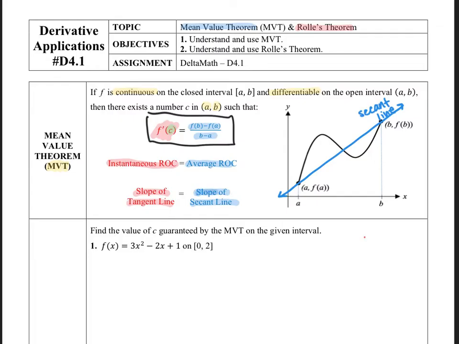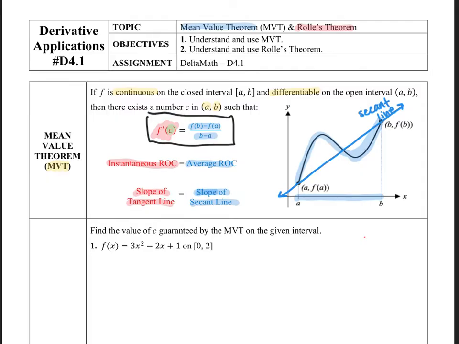What the MVT is saying is there is a place on the interval from a to b. So somewhere on the interval from a to b, there's a spot on this curve where I can draw a tangent line that has exactly the same slope as the secant line.